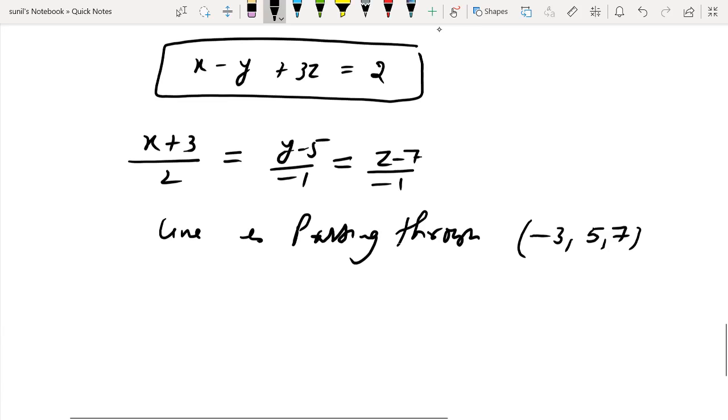So now our equation of plane we can rewrite as x minus y plus 3z minus 2 equal to 0.